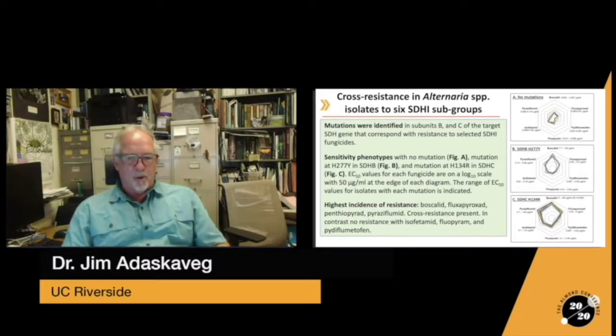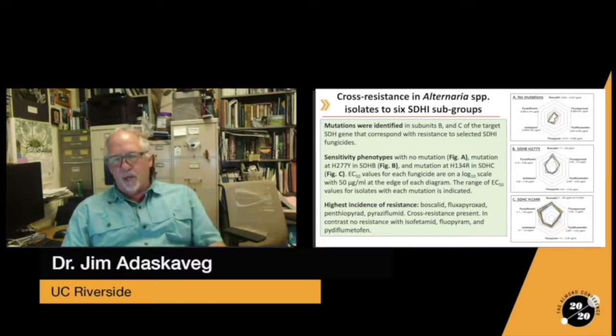So that's important if we're going to prevent cross resistance. We want to use isofetamid, fluopyram, and pydiflumetofen as part of our selection of the materials that are less likely to develop resistance to this group of fungicides.